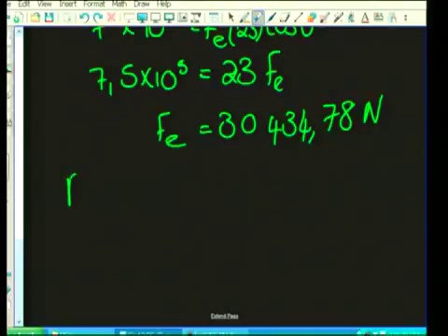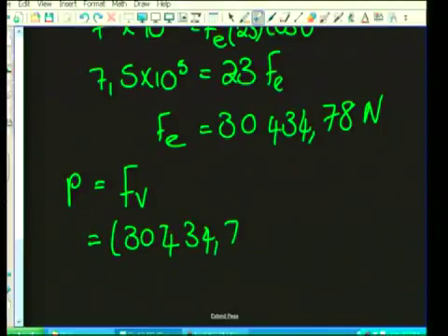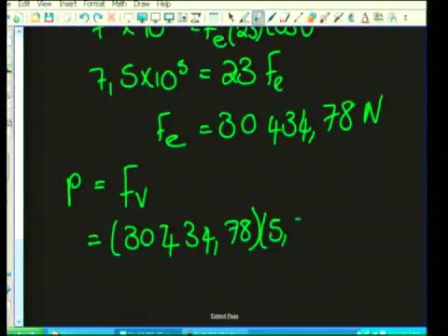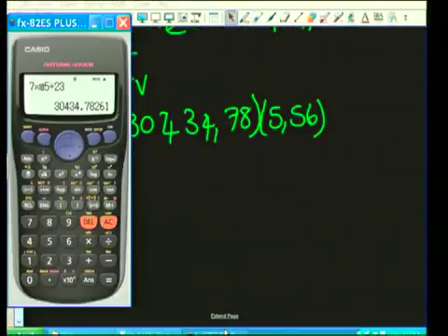That means power is force times velocity. My force is 30434,78. My velocity was 5,56. And we're going to go 30434.78 times 5.56.